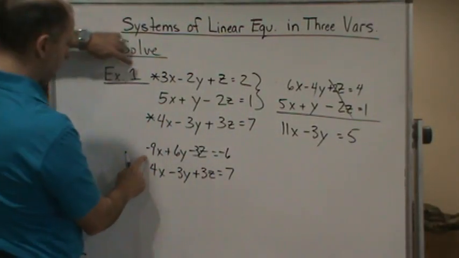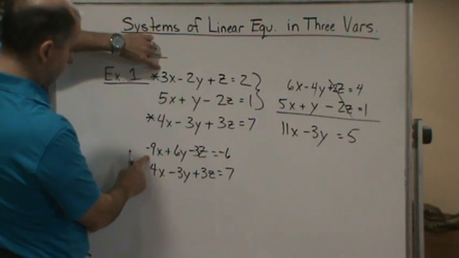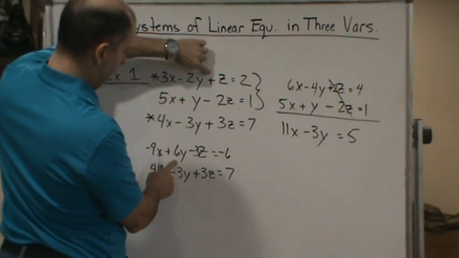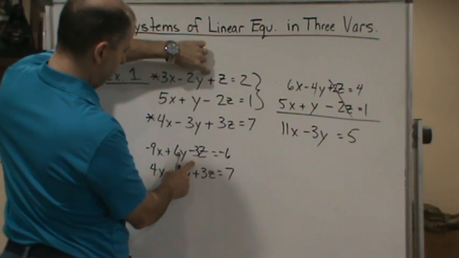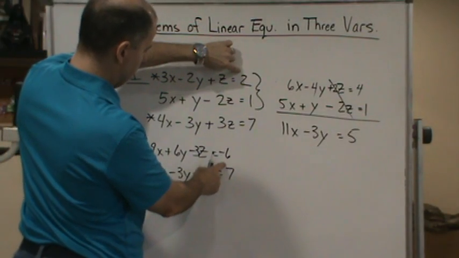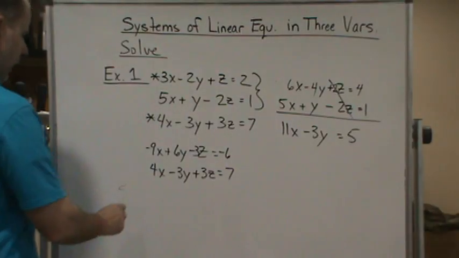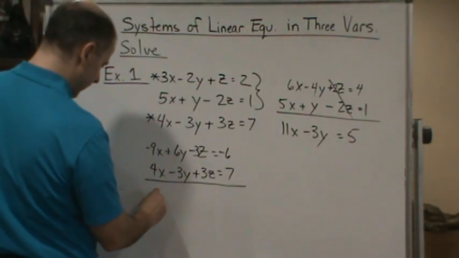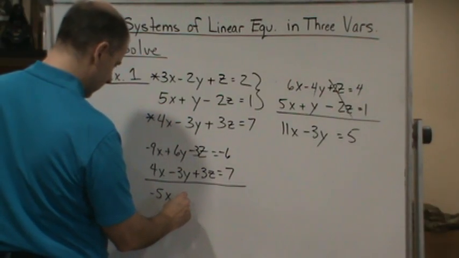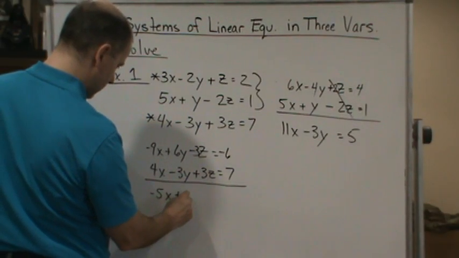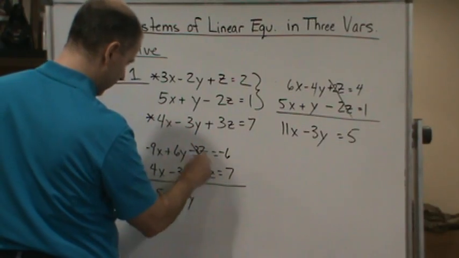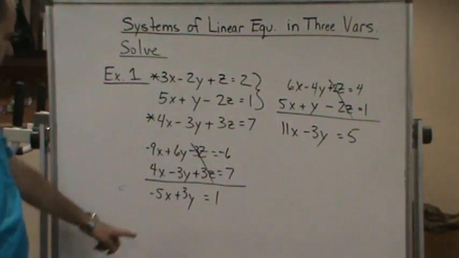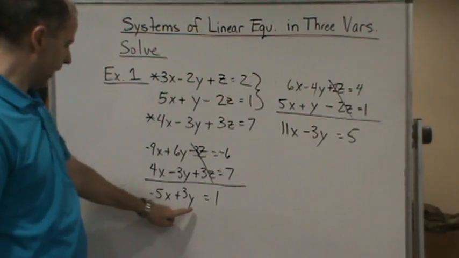So again, if I multiply this by negative 3, I get negative 9 plus 6 and a minus 3, and then a negative 6. Okay, so now if I add down, I get negative 5x, and then plus 3y. These go away, and I get 1. So now I've got my second equation in x and y.